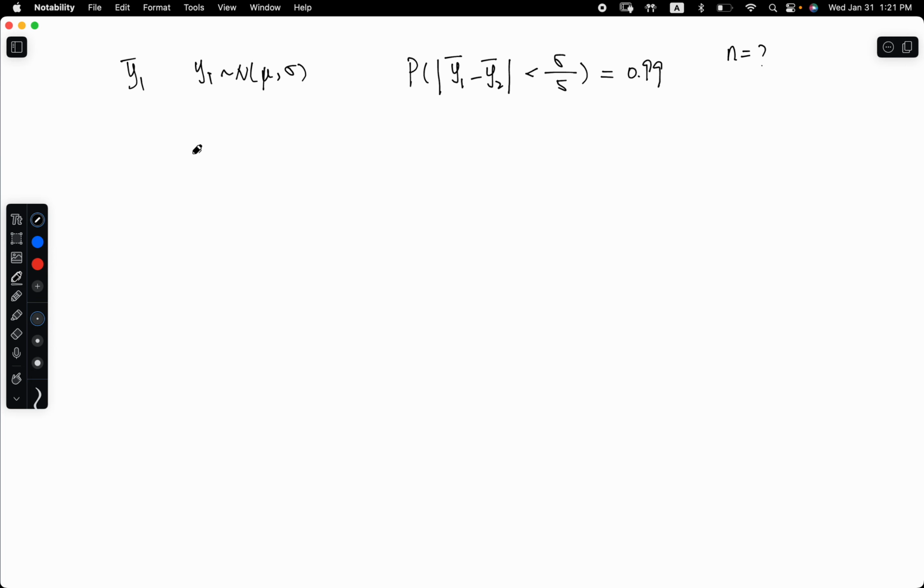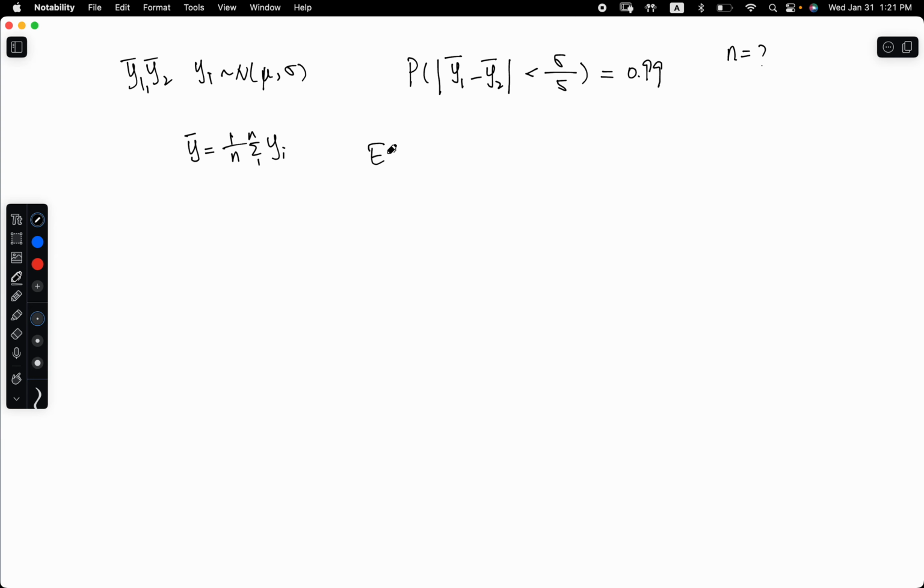So first of all, let's comment on the average of y, regardless of whether this is the sample from y1 or y2. The average is usually defined as 1 over n summation of yi, each of the yi coming from a normal.